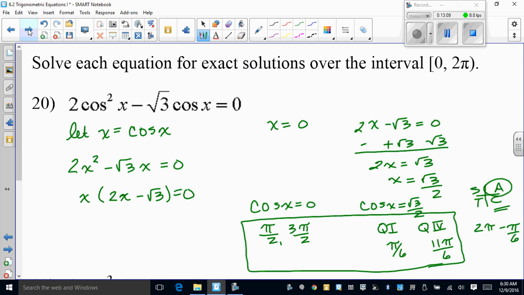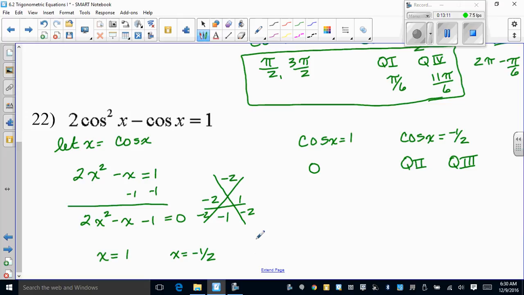But we don't want pi over 3. We want the angle here. So pi over 3 is a 60-degree angle. Subtracting from 180, you get 120 degrees. But I don't want degrees, I want radians. So you got to convert this back to 2 pi over 3.